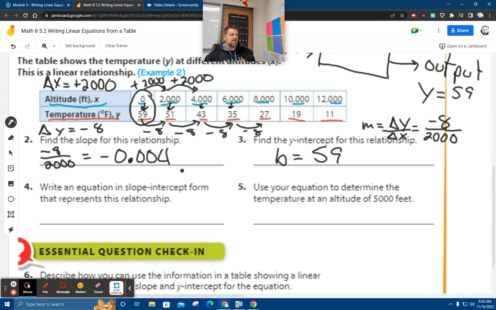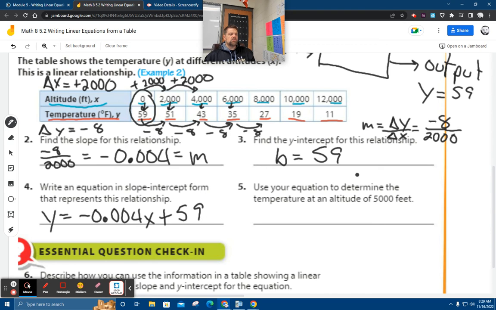That's the slope. What's the equation of the line? Well, it's y equals m. What's m? Yeah, it is the slope, but the actual value of the slope is negative 0.004, times x plus b. What's b?